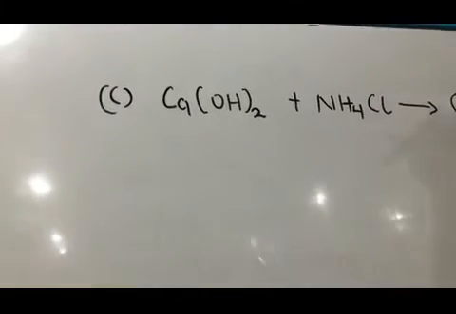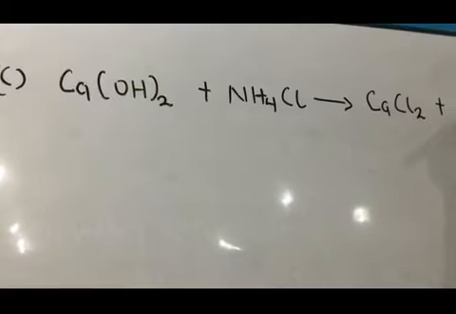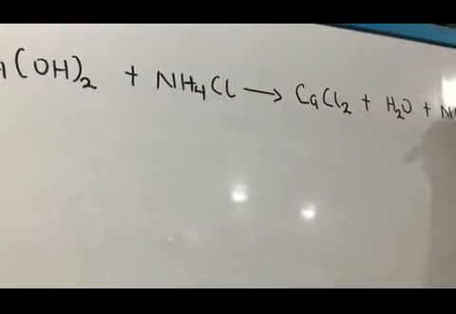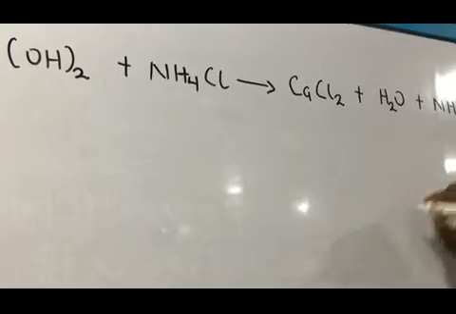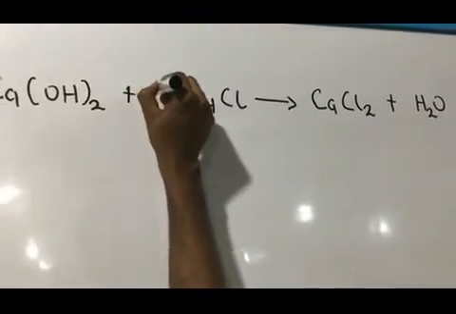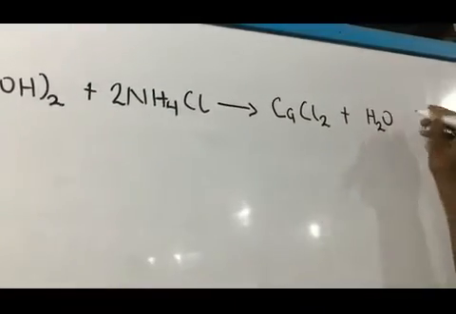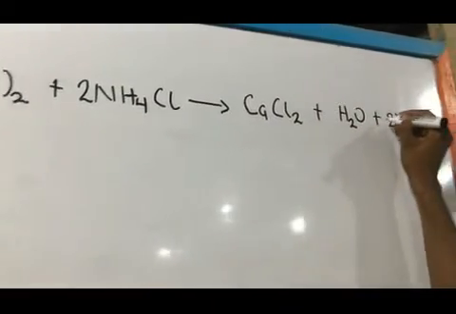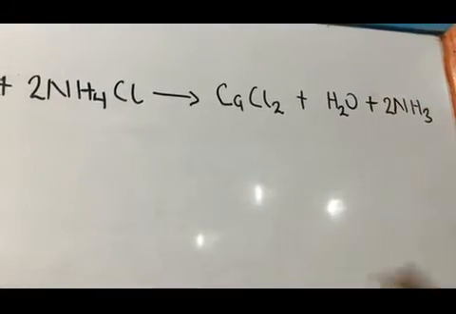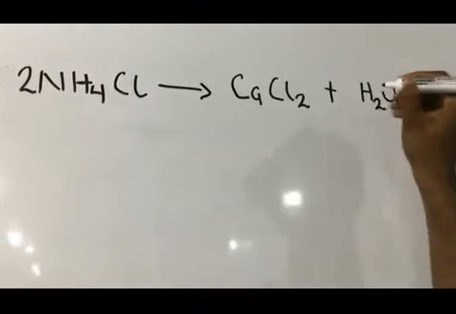So you end up getting calcium chloride plus water plus NH3. To balance, you put 2 here. If you put 2 here, you also put 2 here.